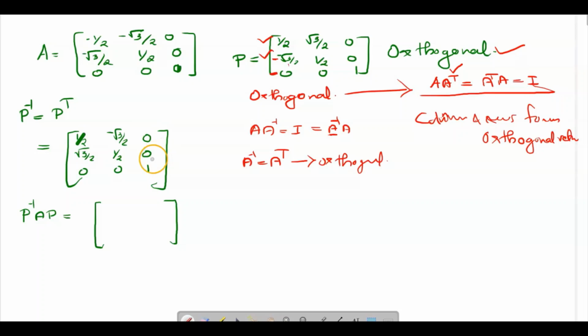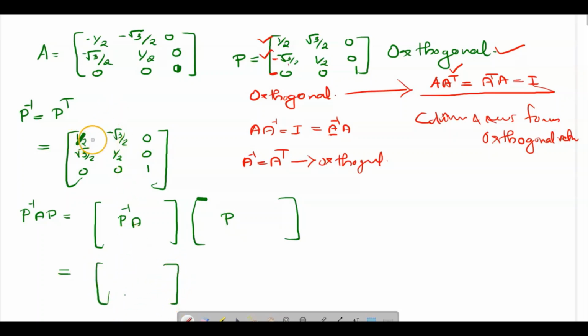This is P inverse, this is A. Multiply P inverse into A, then multiply it with the matrix P. So I am calculating this way. P inverse into A is there and this is the P matrix. So what is P inverse into A?